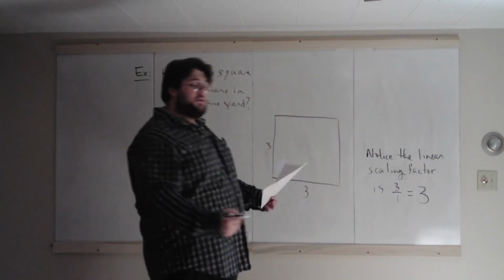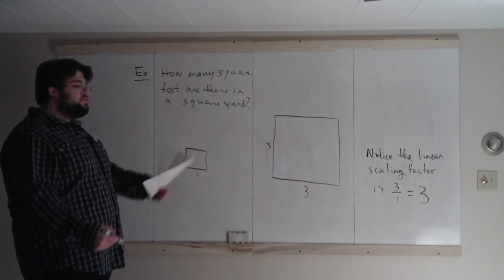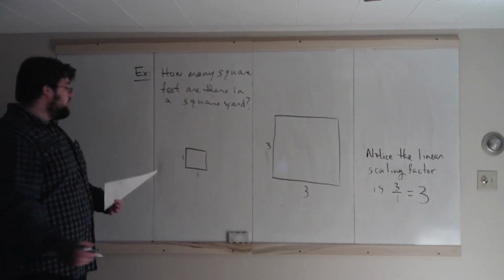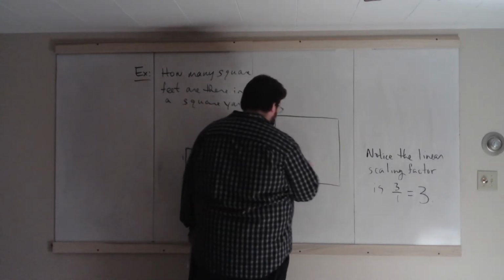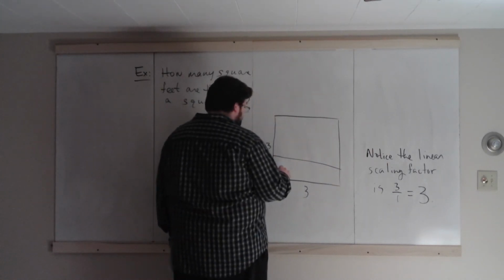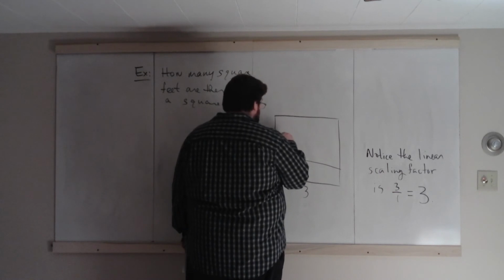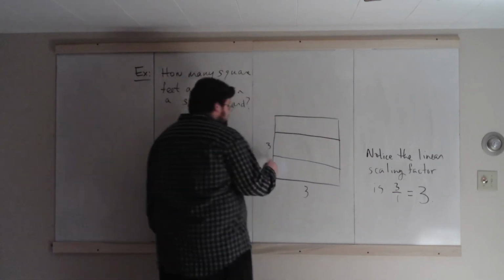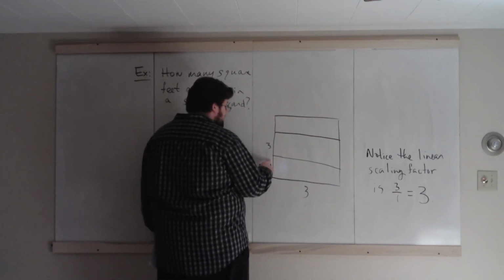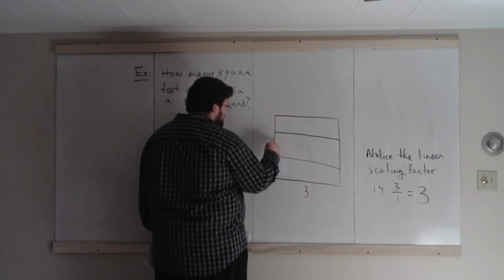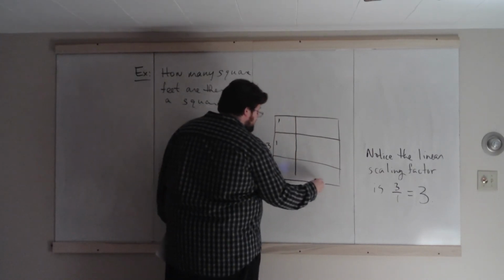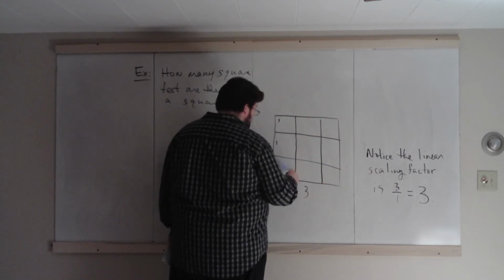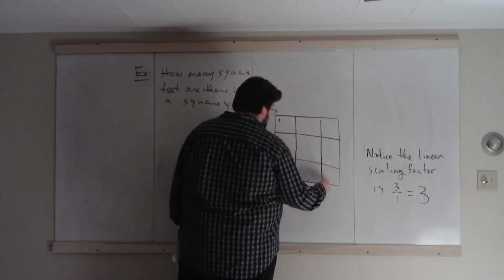Because our goal is to compare the linear scaling factor to the scaling of the area. Well, how many square feet can we fit in here? A square foot is 1 by 1. So right here we can divide this 3 into a 1, a 1, and a 1. We can also divide this other 3 into a 1, a 1, and a 1.